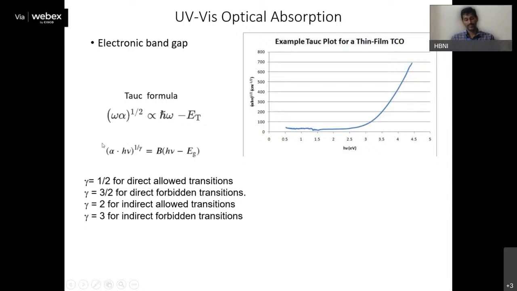You can use this general equation where alpha is the absorption coefficient, h nu is the energy of the photon, and then you plot against the frequency nu. Now if this 1 by gamma is half, then you have a direct allowed transition, and if you have a 2, then you have an indirect transition.